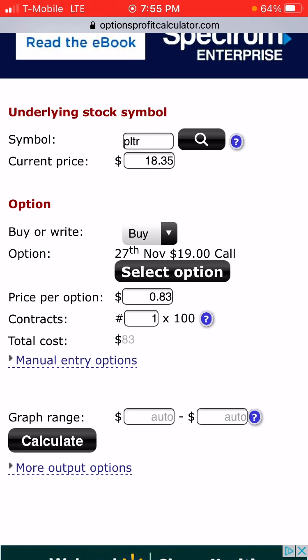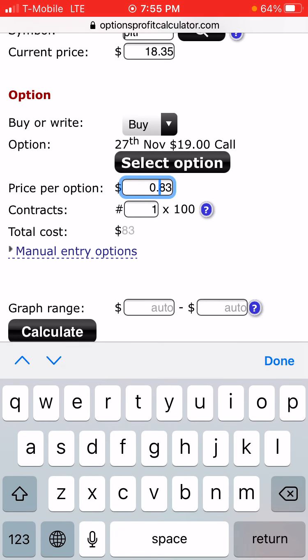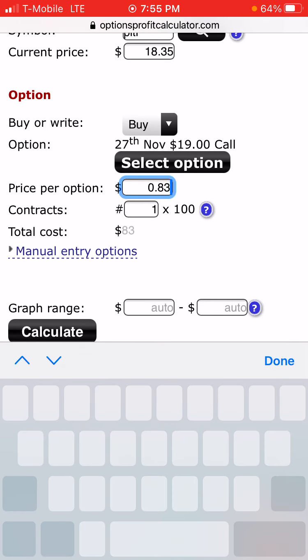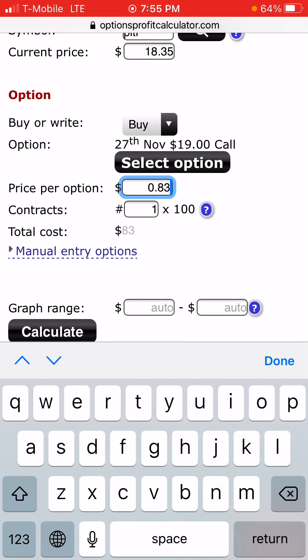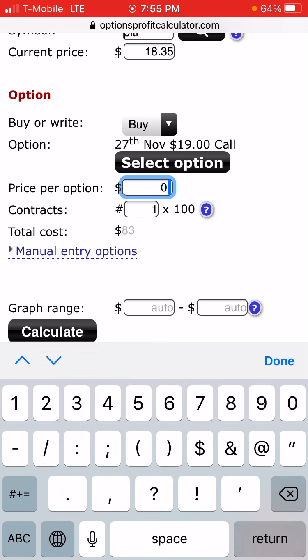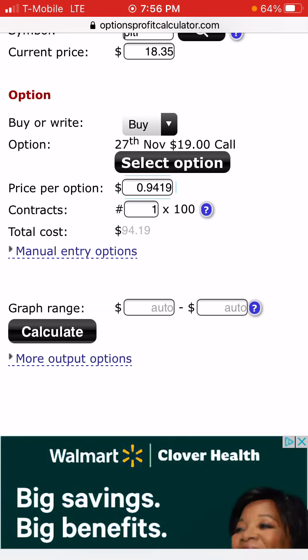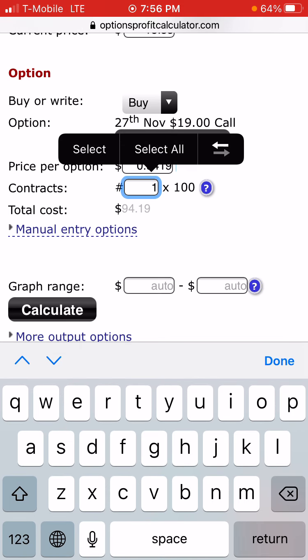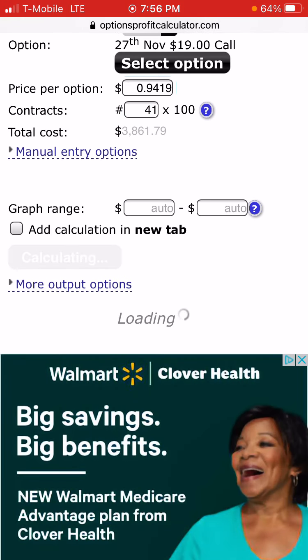But I bought it at $1, and I averaged it out to 94 cents, 94.19. That is what my current purchase price is after averaging it out. I bought 41 contracts. And donezo, we're going to hit calculate.